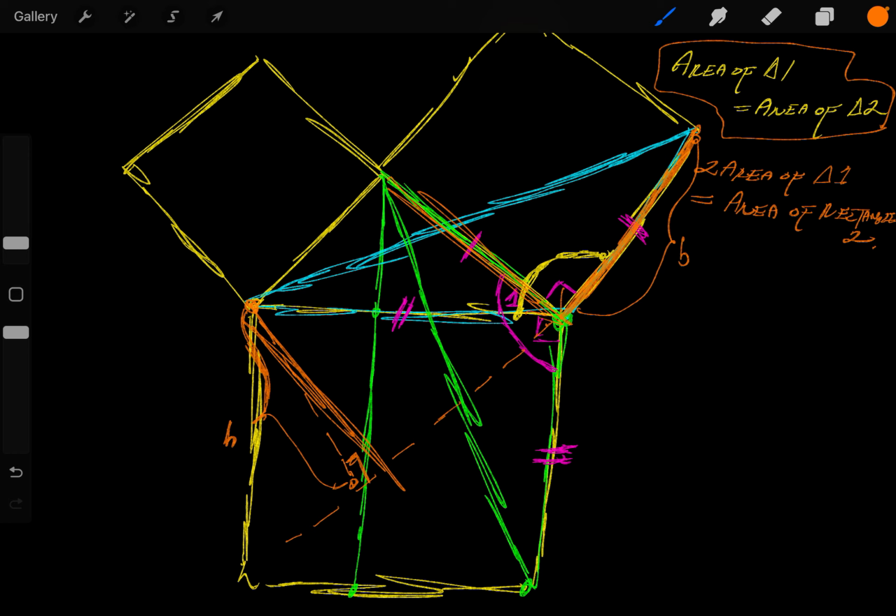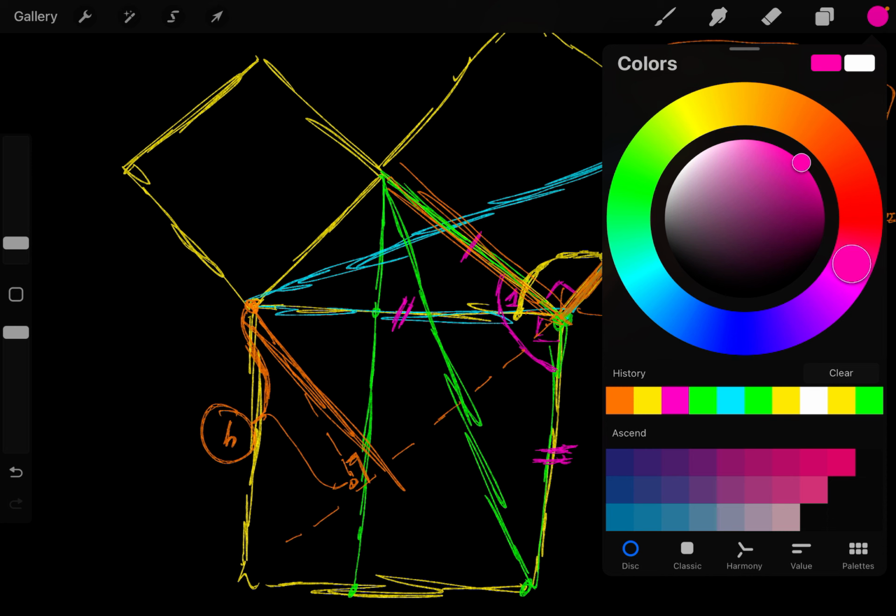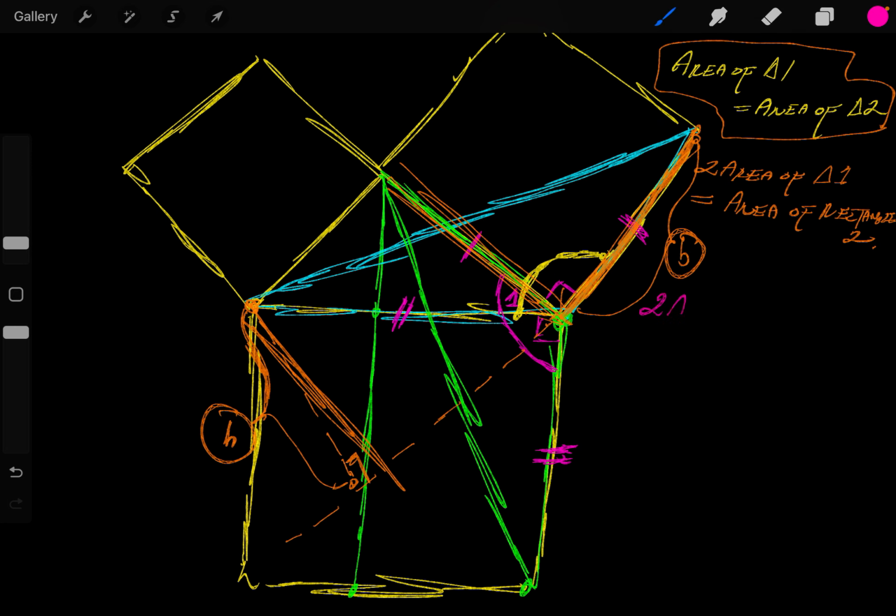So the blue triangle area, take your time, look at this picture, is base times height divided by 2. And the area of the square is this length times this length. That will give me the fact that 2 times the area of triangle 2 is equal to the area of square 2.